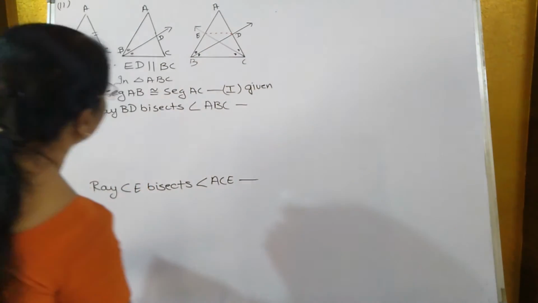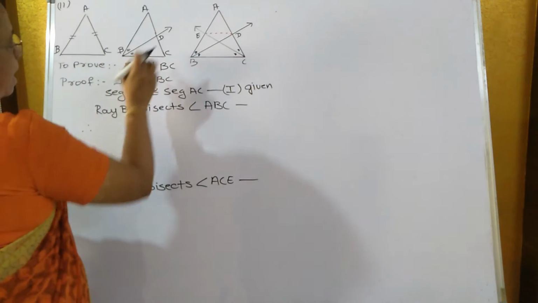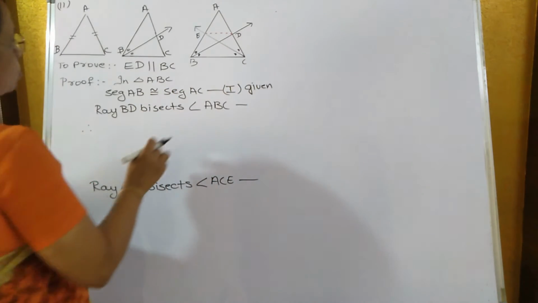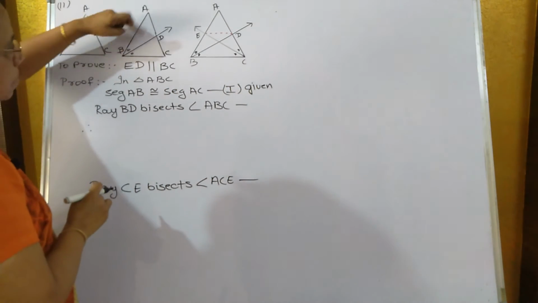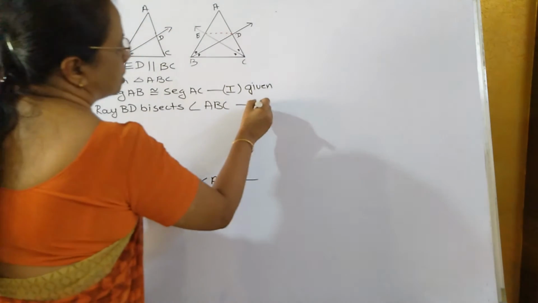Now if I take only the first angle bisector BD, in triangle ABC, segment AB is congruent to segment AC, let us take that as 1, given, and ray BD bisects angle ABC, that is given.